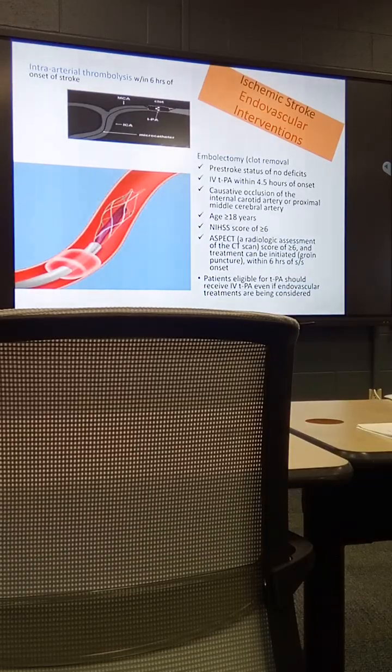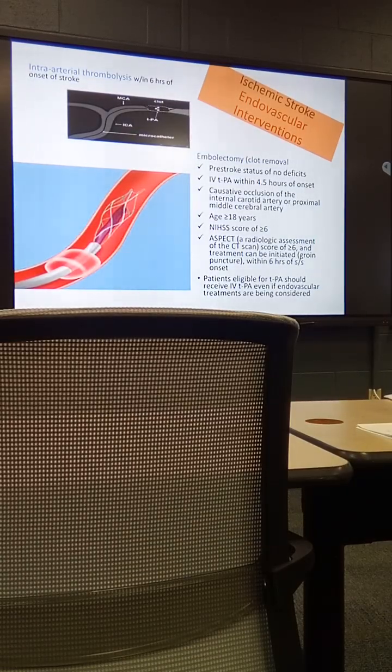There are some endovascular treatments they can do. They can fish a catheter all the way up into the brain vascular system and put TPA just at that clot. They can go in and actually retrieve the clot, but think about the high risk.